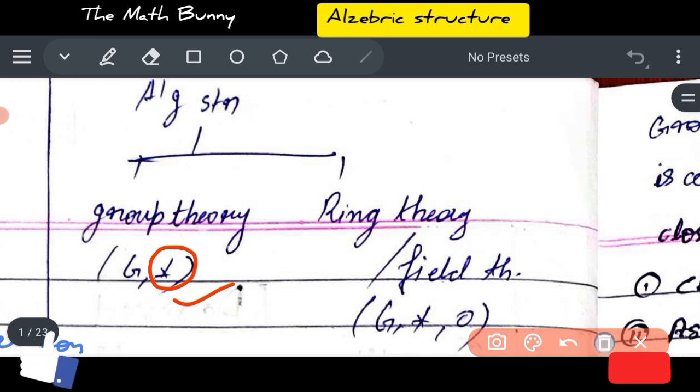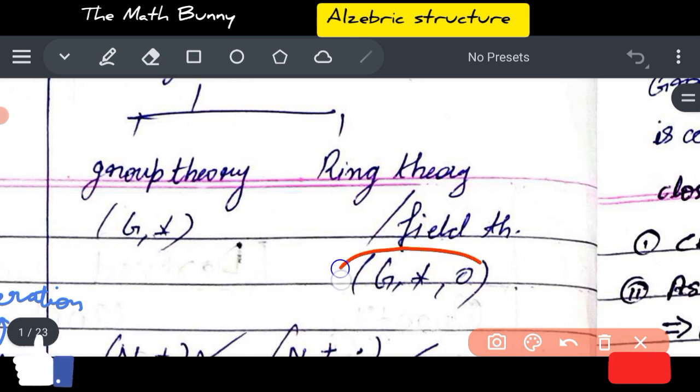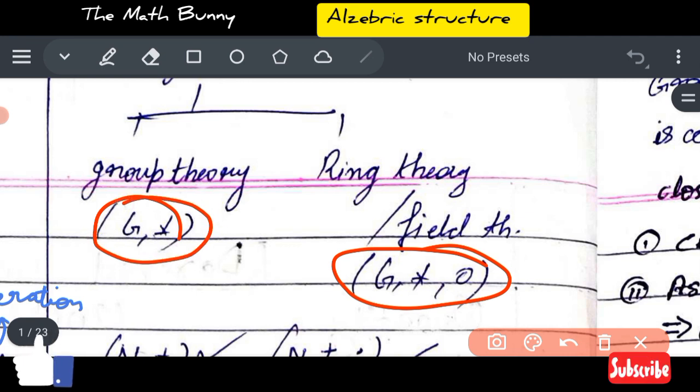But in ring theory or field theory, you will have to study this type of structure, in which you take two different operations, say star and O. This type of structure is also called an algebraic structure.